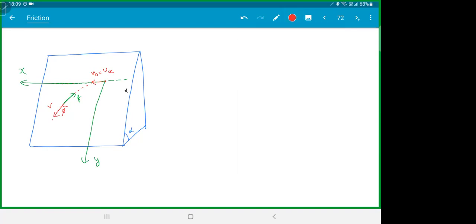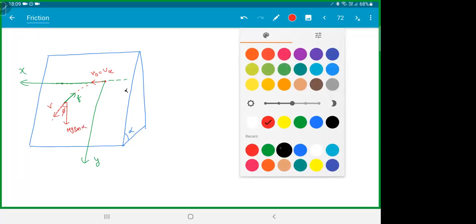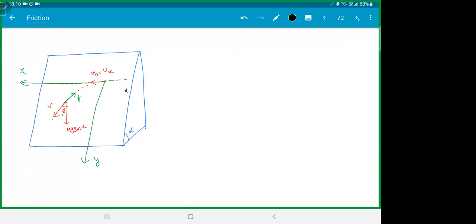And if you look at the forces acting on this, along the y direction, you have a force mg sine alpha. Right? And this is your velocity. This angle is also equal to phi.